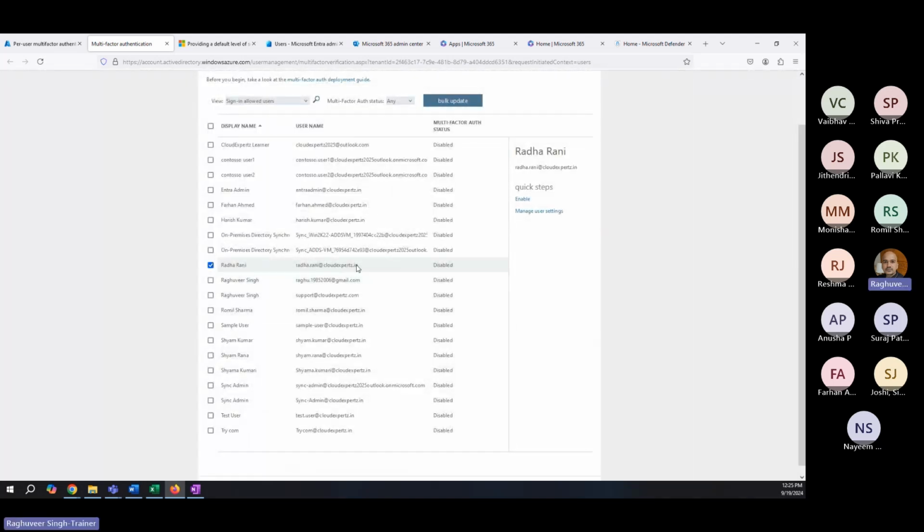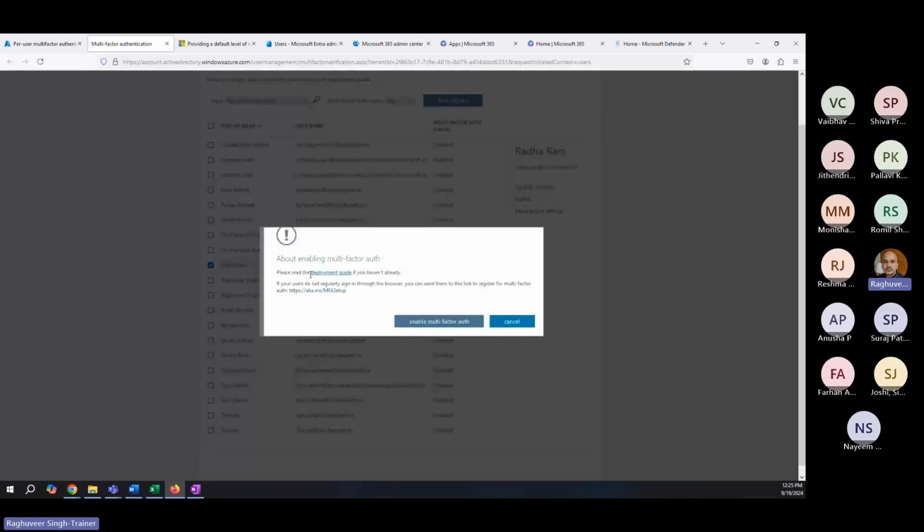If you want to enable multi-factor authentication for this user, all you need to do is enable. It says about enabling multi-factor authentication. If your users do not regularly sign in through the browser, you can send them this link to register for multi-factor authentication.